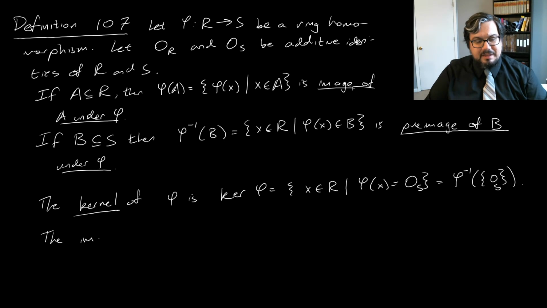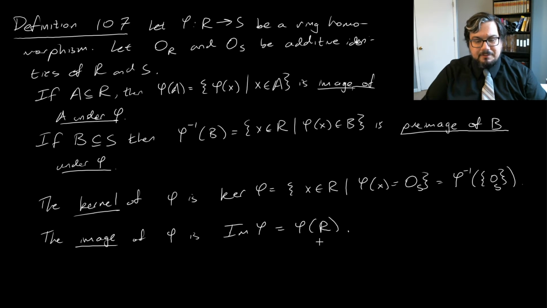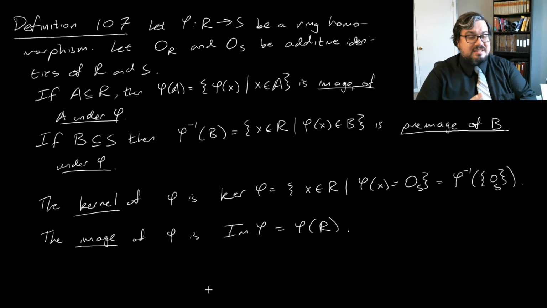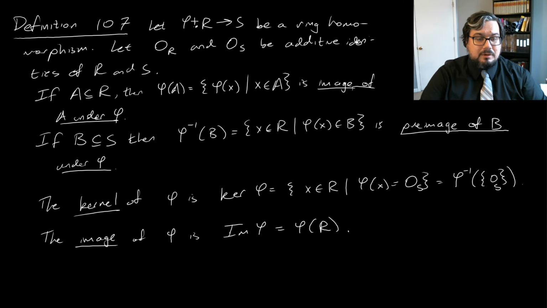And finally, the image of phi is the set im phi, which is phi of R. So it's just the set of all things in S that you get from some element of R by plugging it into phi.